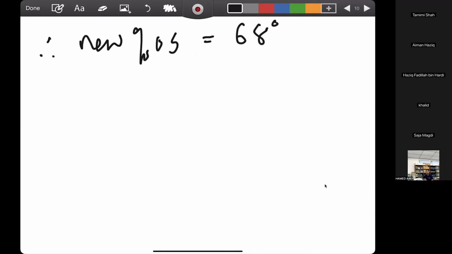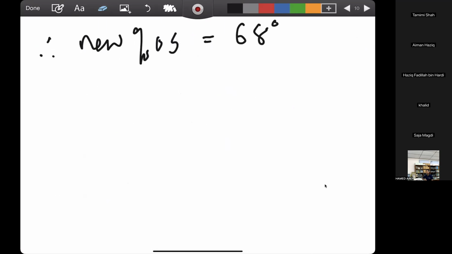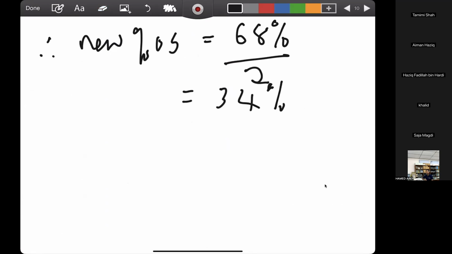We already went to the graph and we got the answer 68%. But the new requirement said the new overshoot is reduced to 50%. So therefore, 68% divided by 2. So this is the targeted one.